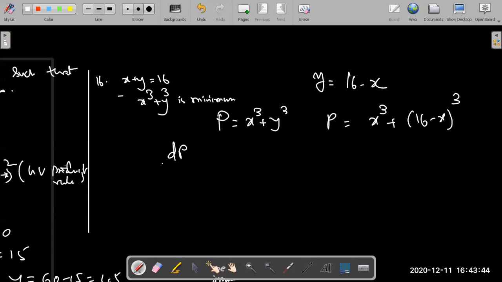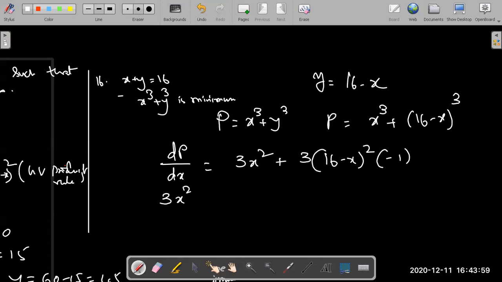So dp by dx equal to 3x squared plus 3 into 16 minus x whole squared into minus 1. So this should be 0. That means 3x squared minus 3 into 16 minus x whole squared equal to 0. So 3 gets cancelled. So x squared equal to 16 minus x whole squared.